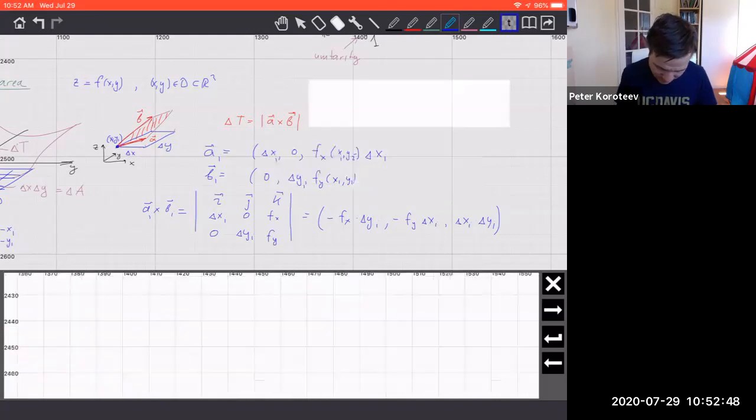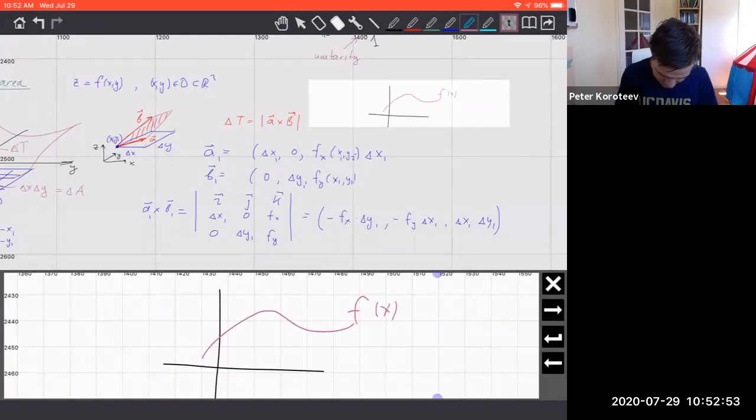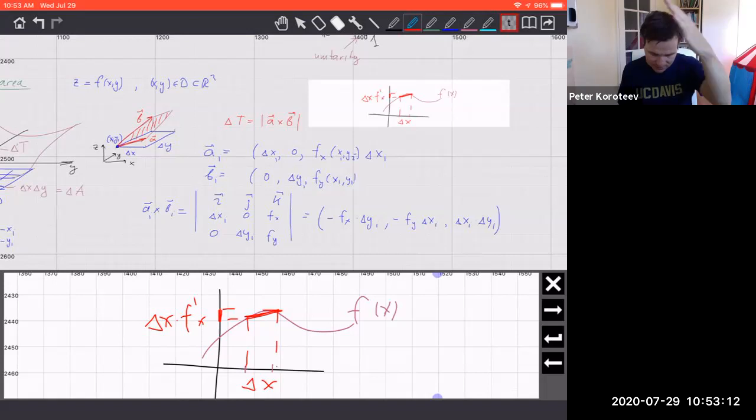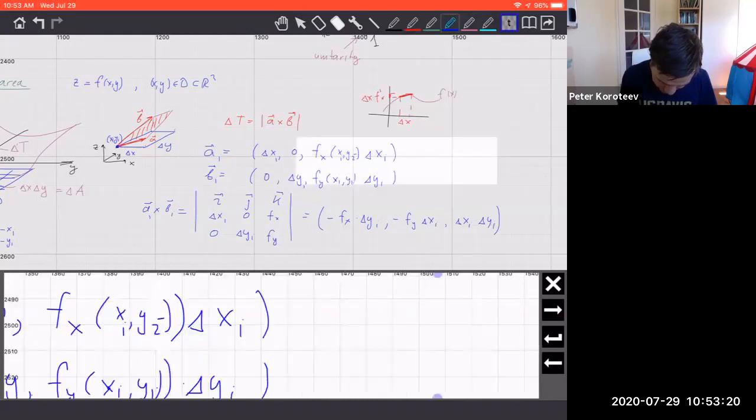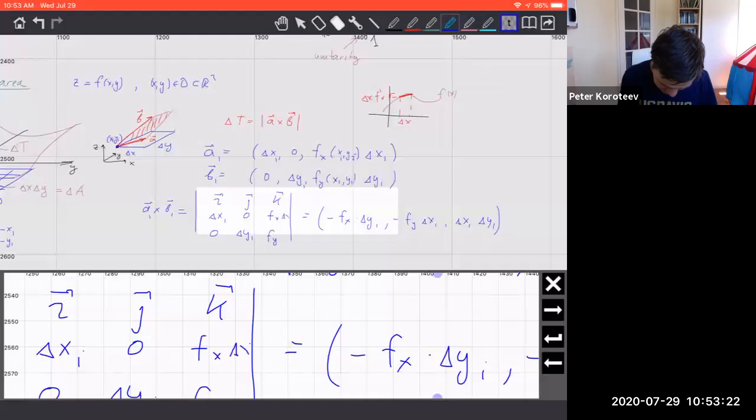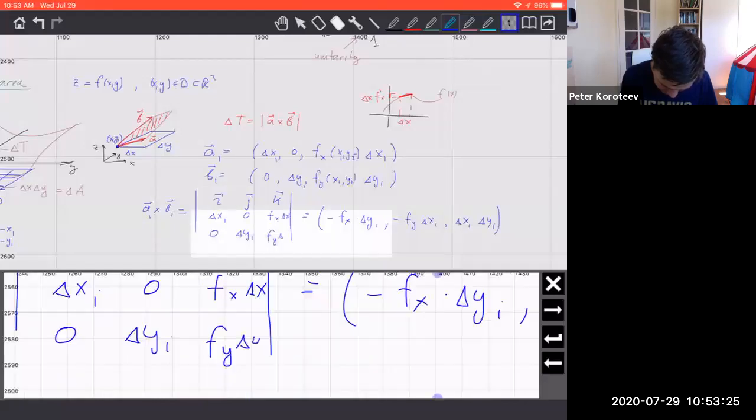If you have a function like this, f of x, and this is delta x, then the vertical distance is delta x times f prime of x, right? f prime is just the tangent of the angle. So we need to multiply by delta x here, and here we need to multiply by delta y. So delta x here, delta y here.